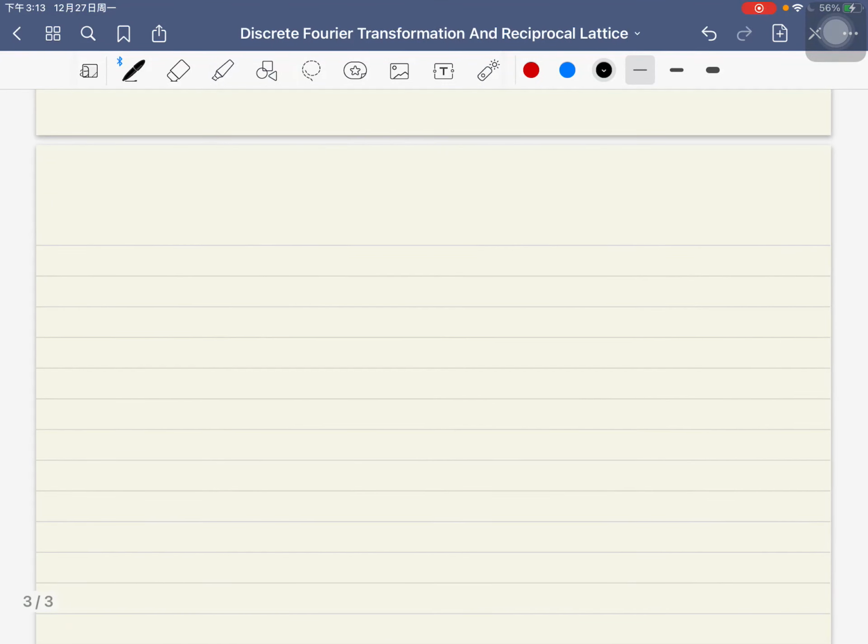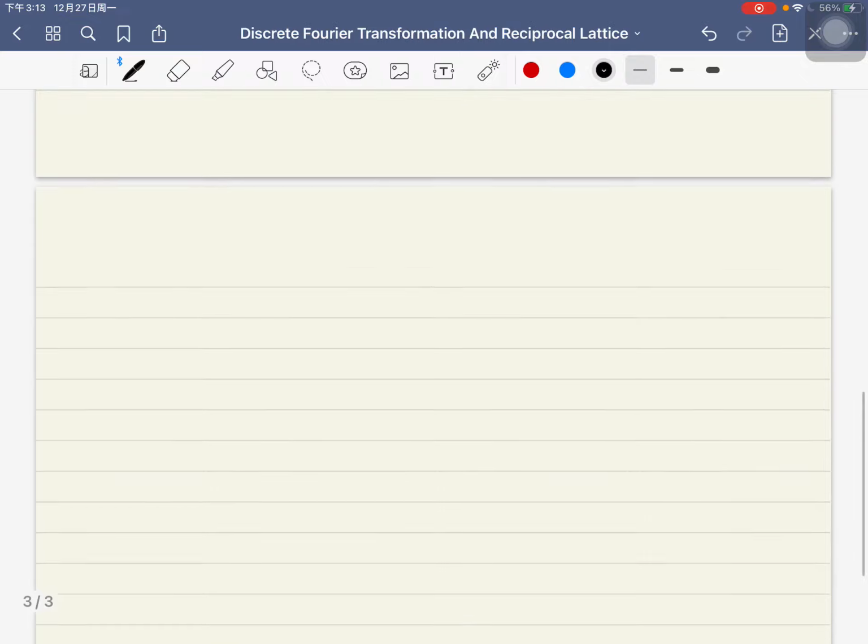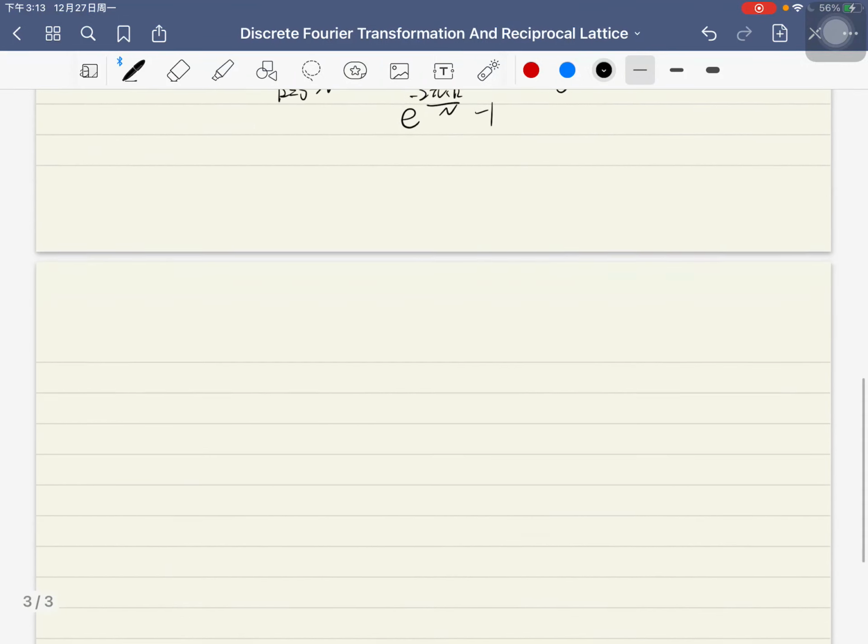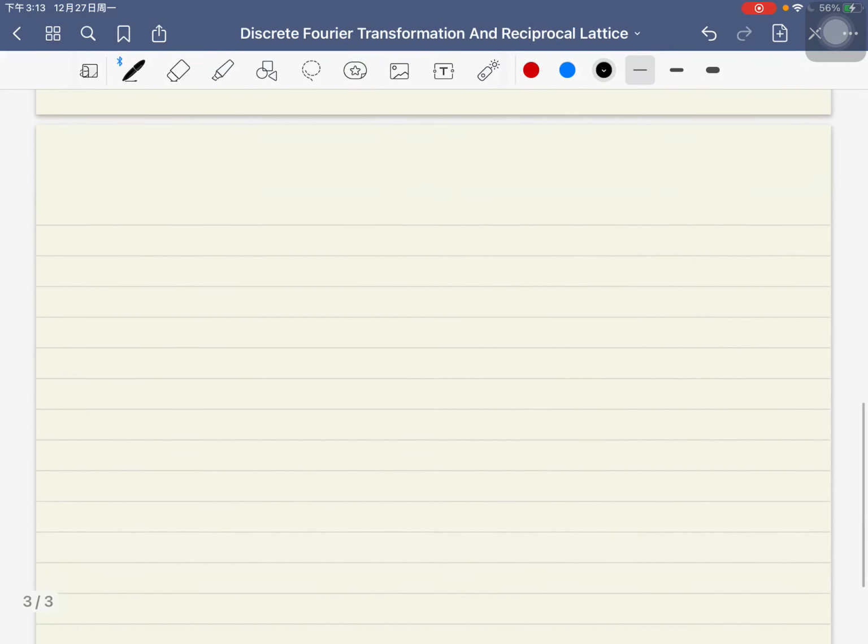Now by using this property, we can find the inverse transformation.